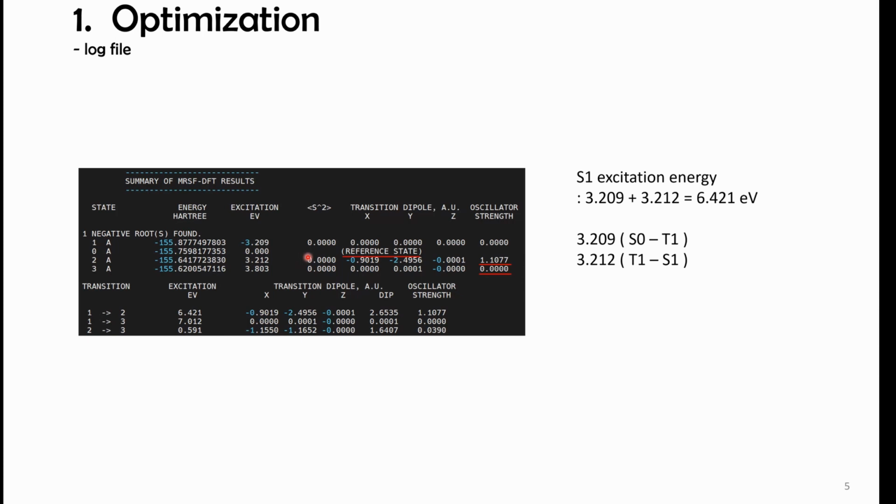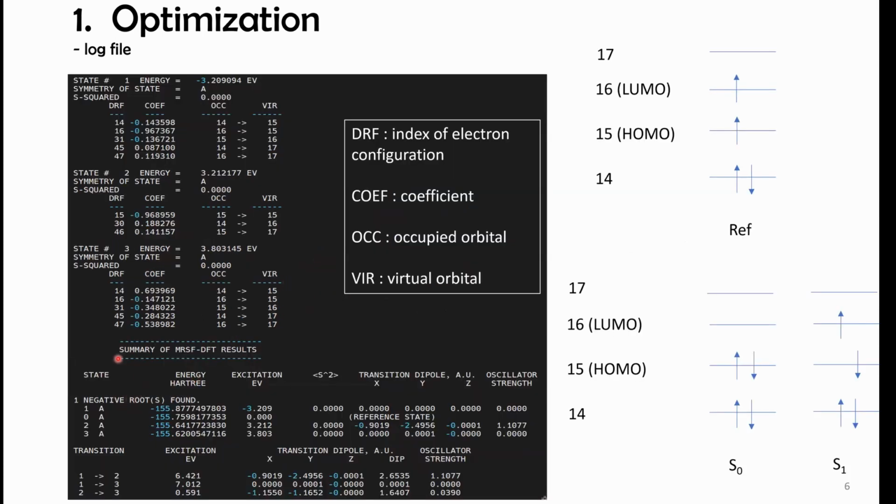Okay, and above this table, MRSF prints out electron configurations. So this one, you can see state 1, this one for ground state singlet, and first excited state and second excited state. Here it prints its energy, symmetry, and S-squared value, and there are 4 columns.